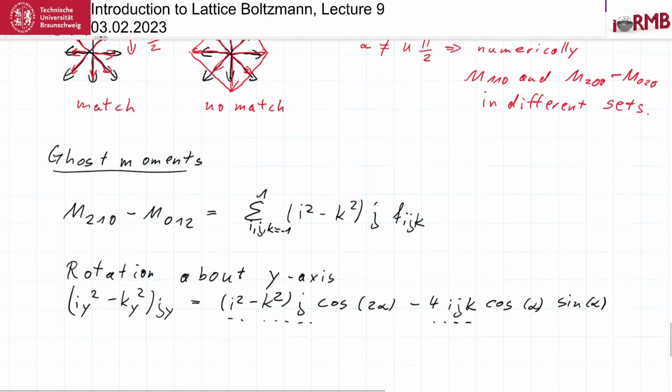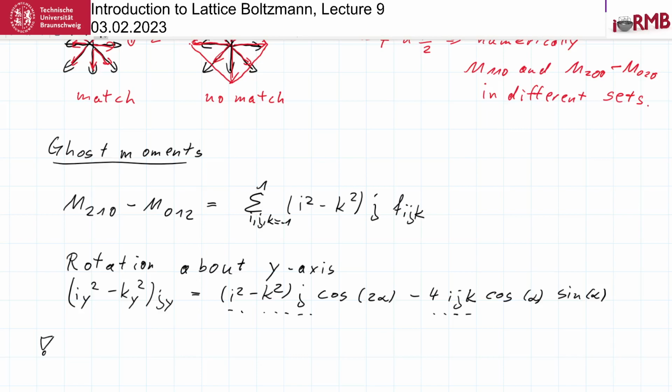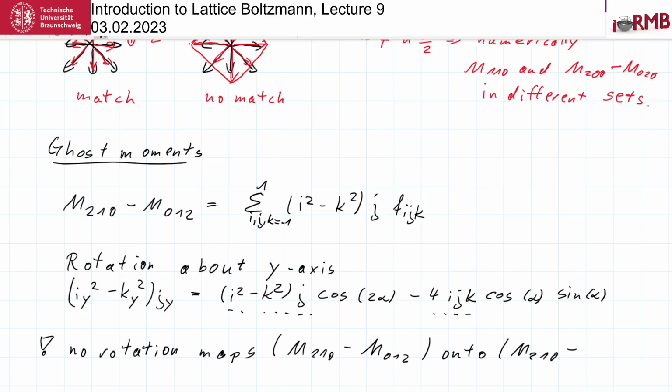So there is no rotational mapping, no rotation maps M210 minus M012 onto M210 plus M012. And by the way, this has nothing to do with the lattice. Even in a completely isotropic case, there would be no such mapping.